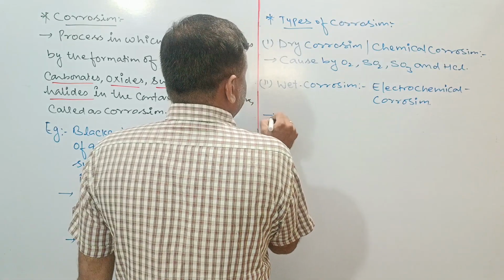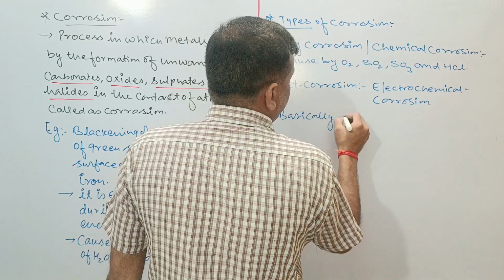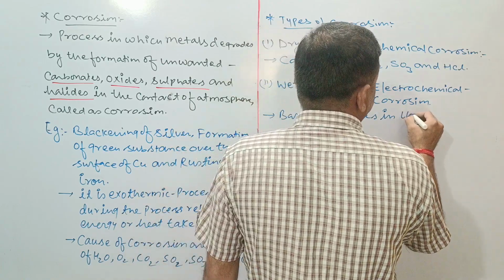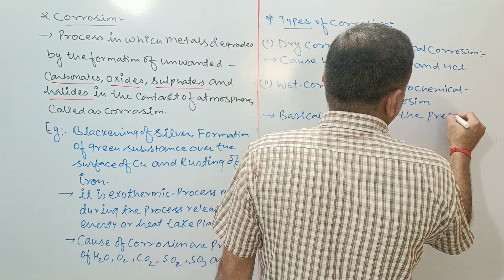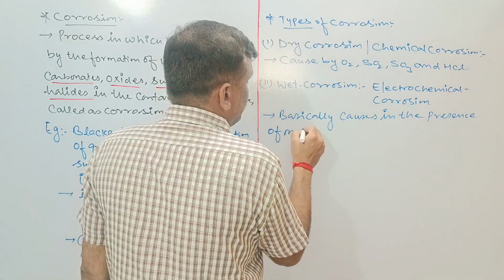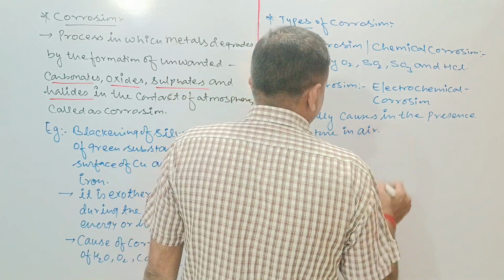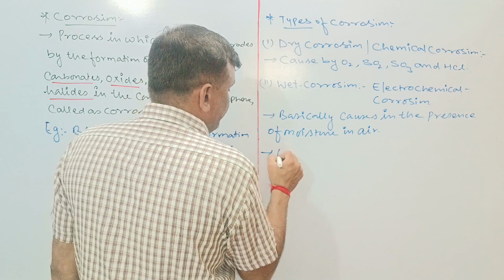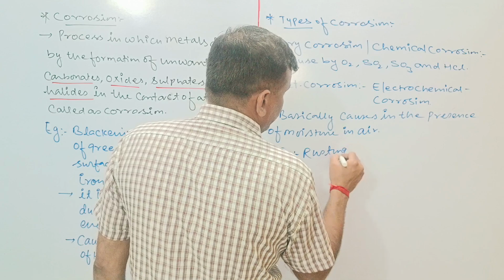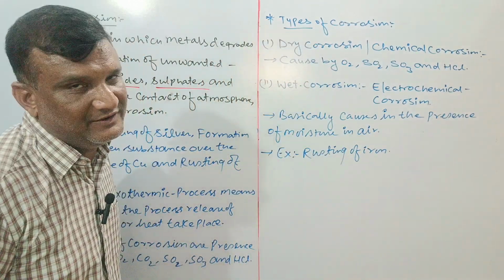This is basically caused in the presence of moisture in air. For this we can take the example of rusting of iron. Rusting of iron is the best example of wet corrosion.